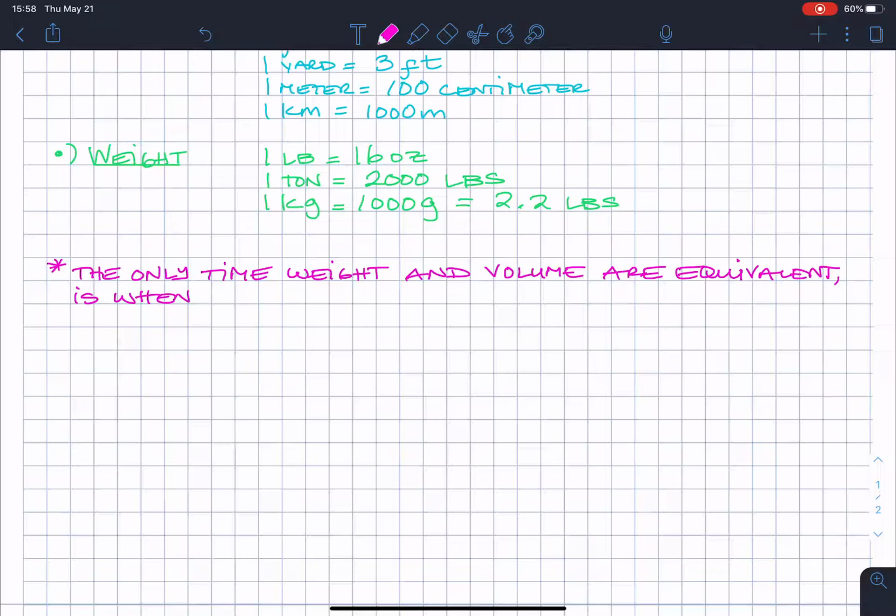So everything else has a different weight and volume. When we measure water, the volume is the same as its weight.